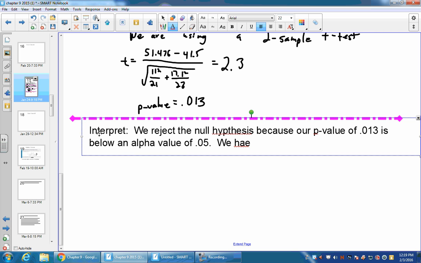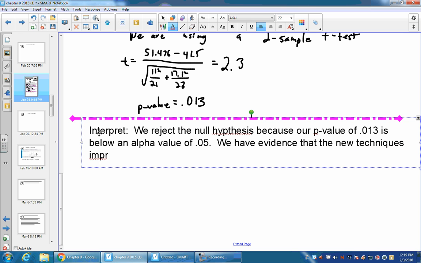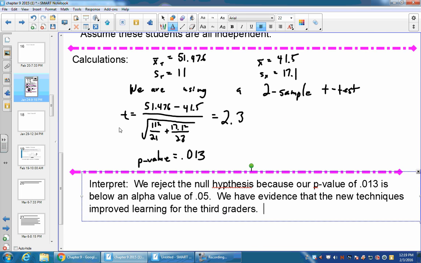So we have evidence that the new techniques improved learning for the third graders. I think it's third graders. All right, that is a significance test.